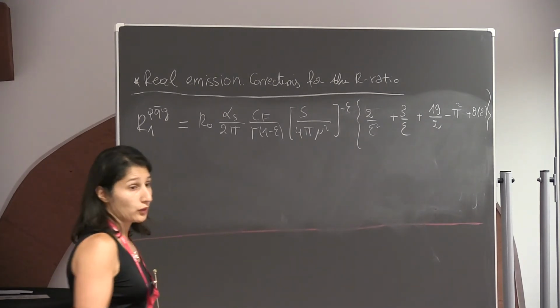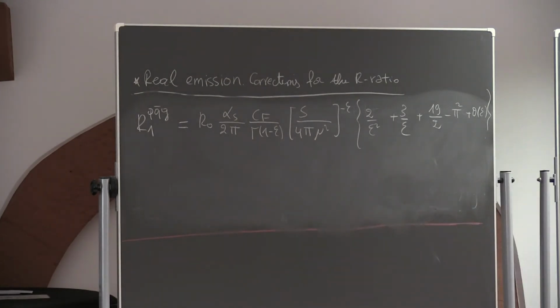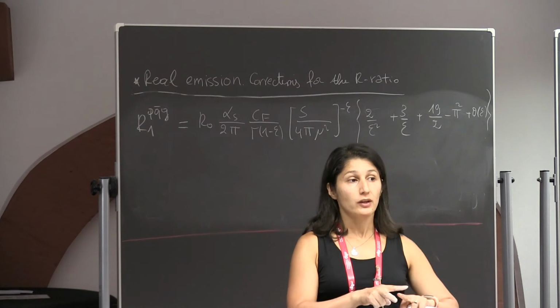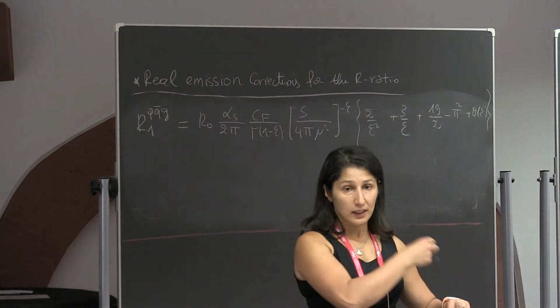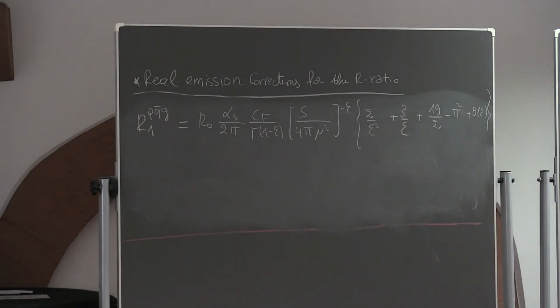Okay, so now we are going to use the KLN theorem, the Kinoshita-Lee-Nauenberg theorem, which says that singularities cancel in degenerate cases. So in this case, when the gluon becomes soft or collinear, the final state looks just like what you have for the virtual corrections, right? So it's clear that you have to include the virtual corrections before the singularities can cancel.